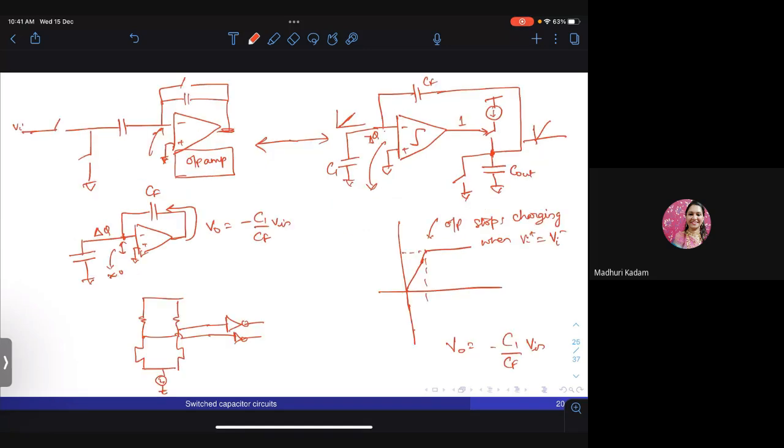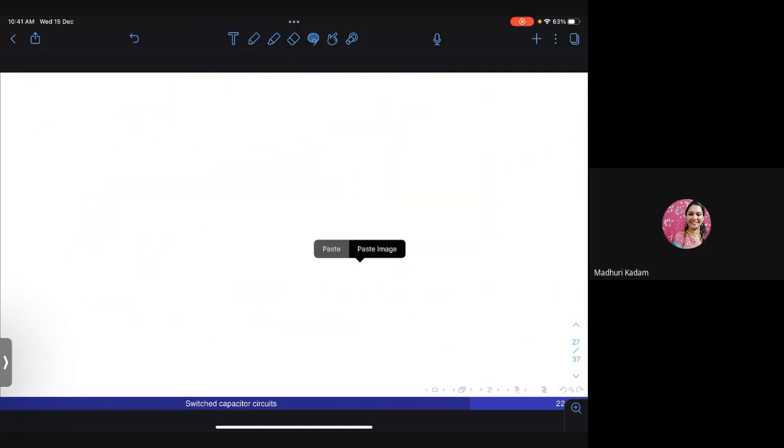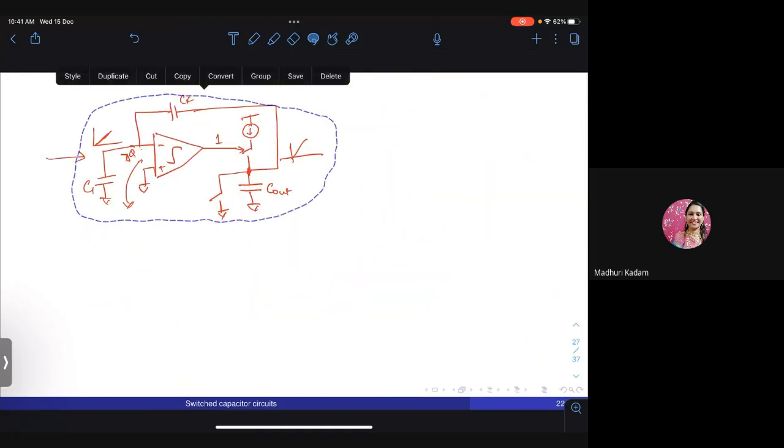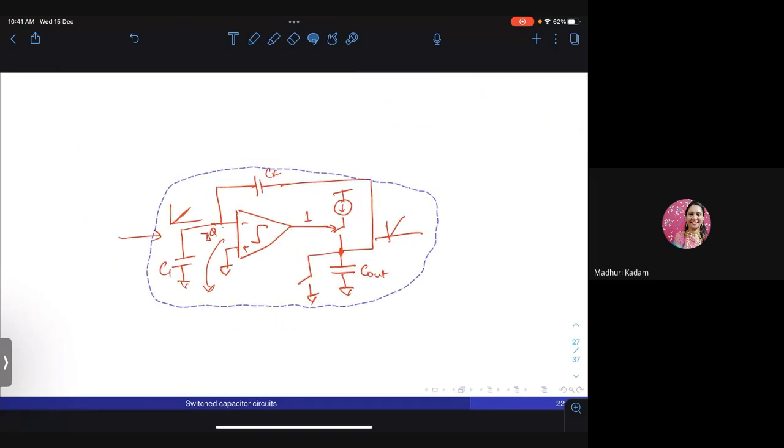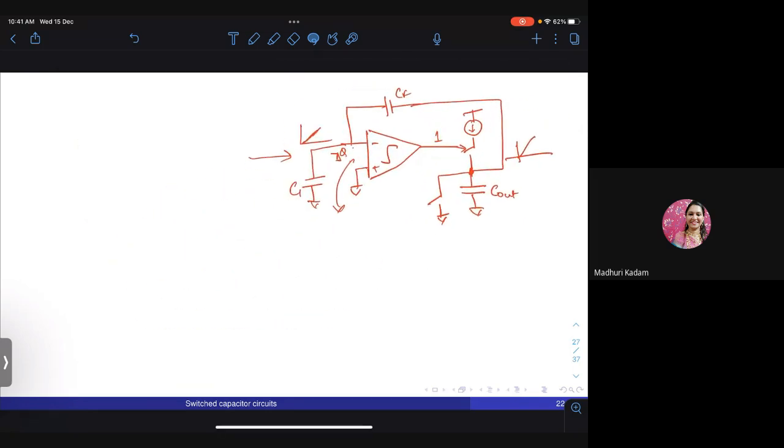Now, the point I was making was, what will be the speed of this circuit? So if you want to make the speed of the circuit high, when I say speed of the circuit, what does the circuit do? In every cycle, the output starts from 0 and starts charging up.